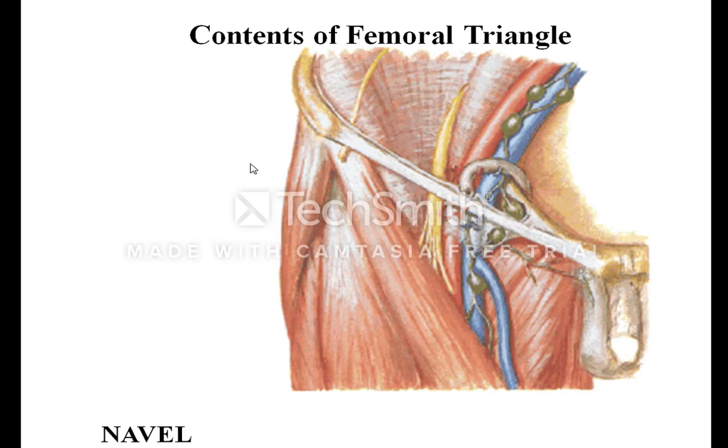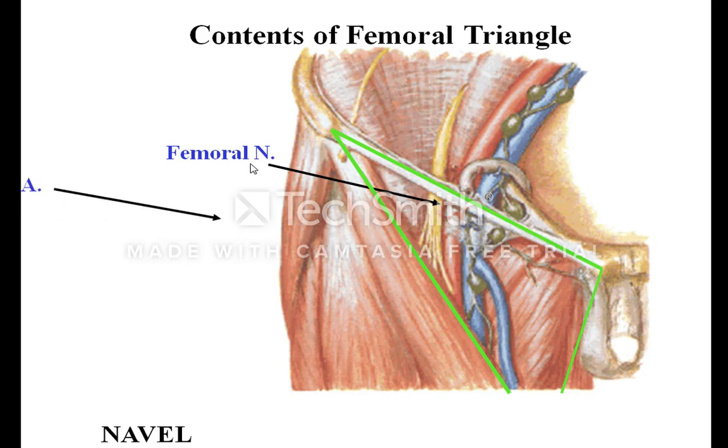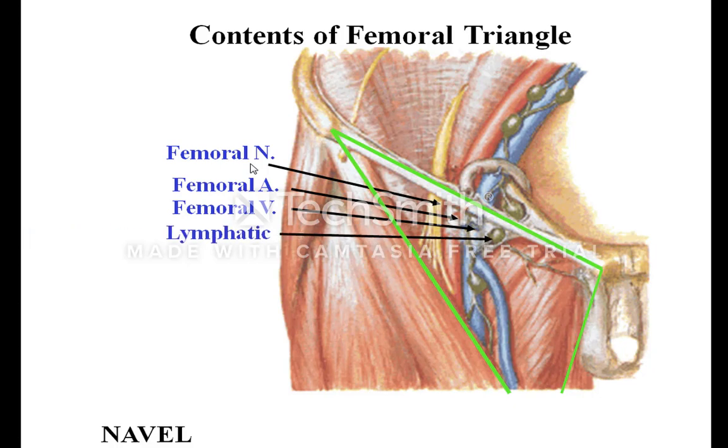So what are the contents? The contents of this triangle include the femoral nerve, which is found a little bit laterally, the femoral artery in the middle, the femoral vein medially, and lymphatics. The lower three, the femoral artery, vein, and lymphatics, are enclosed by the femoral sheath, but not the nerve.